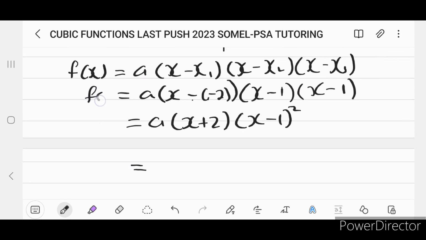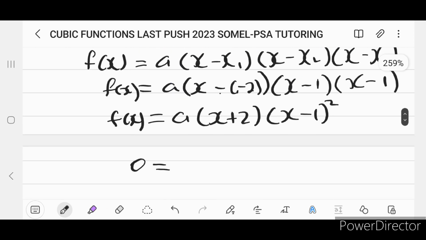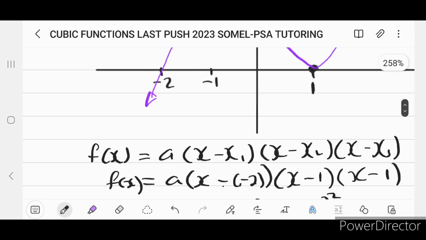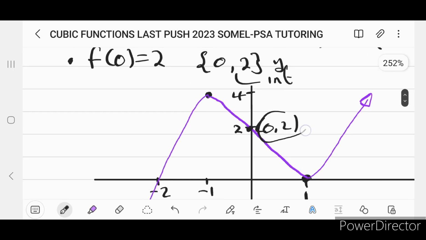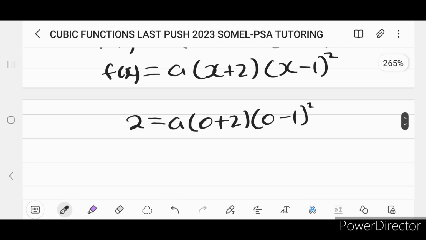Because this is f of x which represents y, on the y I'll put 2, and then on x I'll put 0. I've substituted this point. So you just find another point. Sometimes they can put a point here, x and y. You just put x on x and y on y, so that you can find your a.